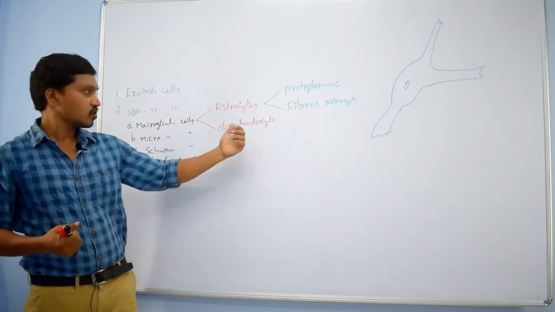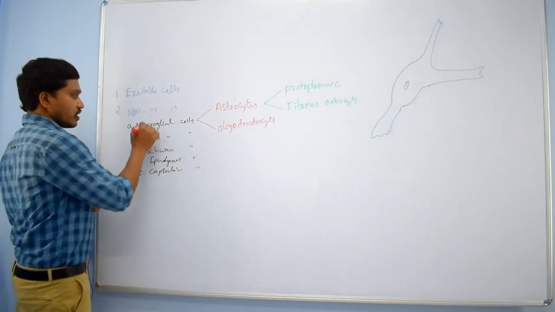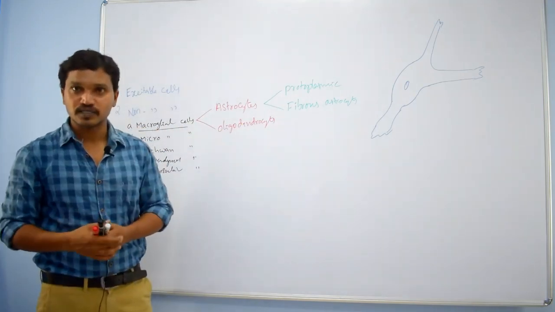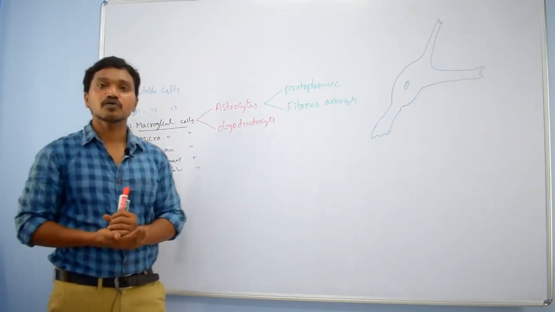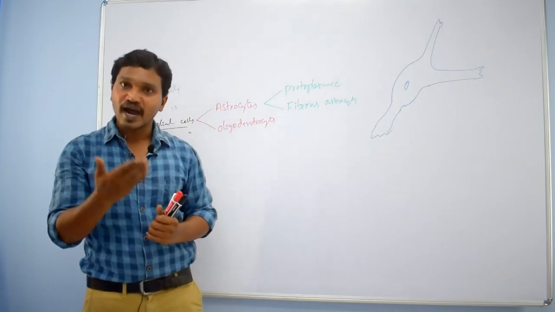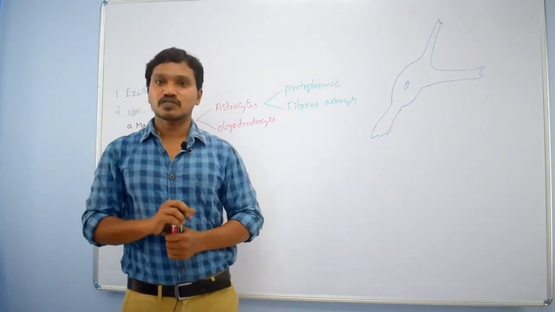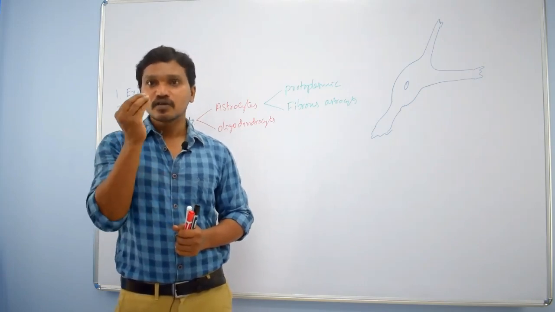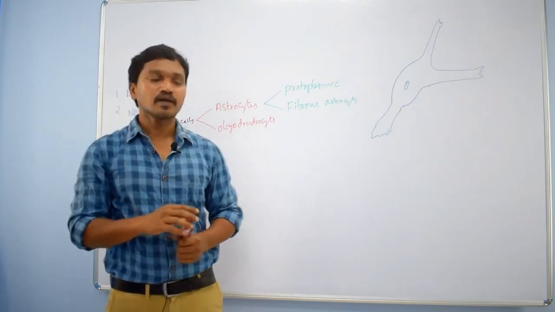Okay. That is about oligodendrocytes. With that, we have completed macroglial cells. Now, we will take microglial cells. These microglial cells are flattened cells with few thin processes. Clear?